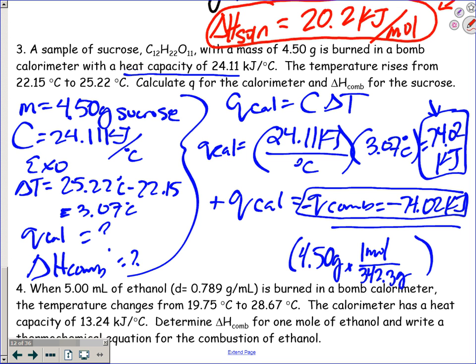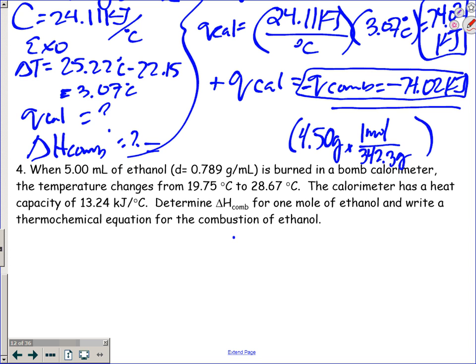So Q over moles gives us the enthalpy of combustion. You guys tell me when you get it. Negative 5,630 kilojoules per mole.